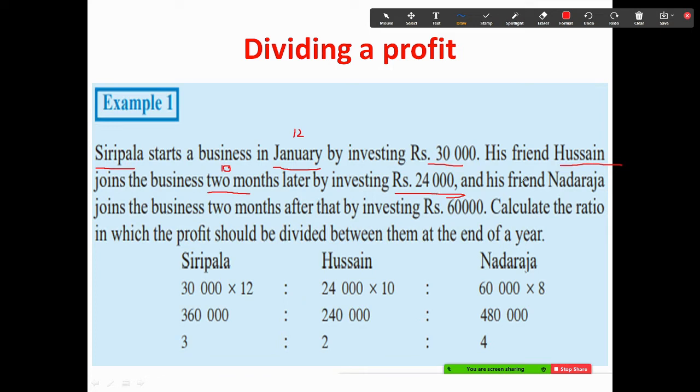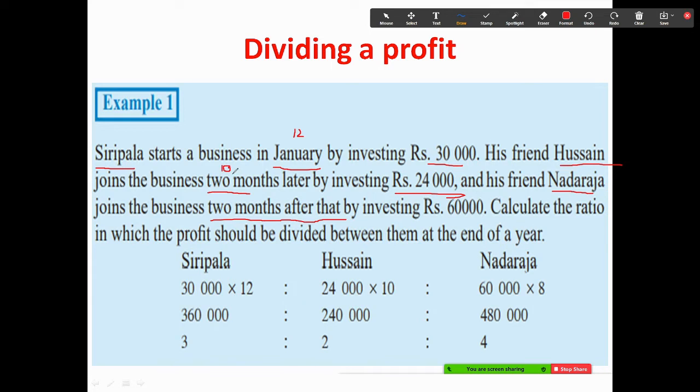And the third one, his friend Nadaraja, joined the business 2 months after that. Hussein invested money on March 1st. 2 months later means January and February are over, then another 2 months, March and April, you have to remove. 2 plus 2, 4 months you have to remove.